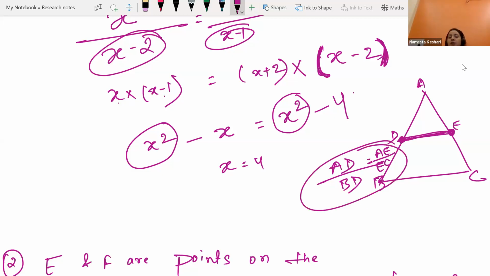Only this much we know for this triangle. Then we can say that DE must be parallel to BC, and that's what we'll be proving in the converse of the basic proportionality theorem. Getting it? Yes, ma'am. Okay.